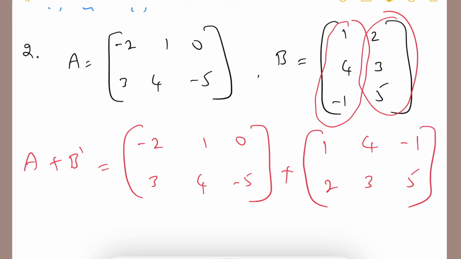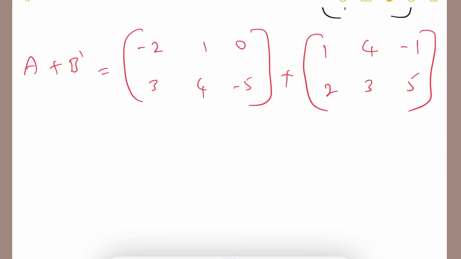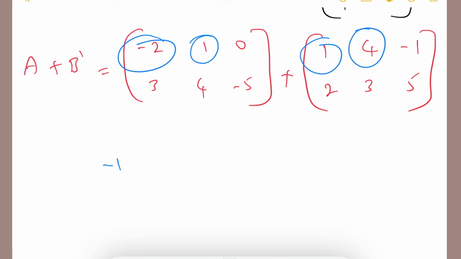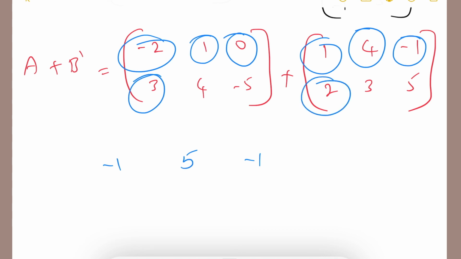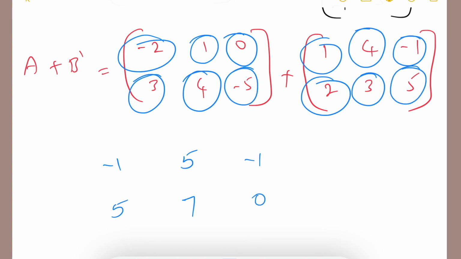Okay, now let us do addition of these two matrices. -2 plus 1 is -1, 1 plus 4 is 5, 0 plus -1 is -1, 3 plus 2 is 5, 4 plus 3 is 7, -5 plus 5 is 0. So this is the value of A plus B transpose.